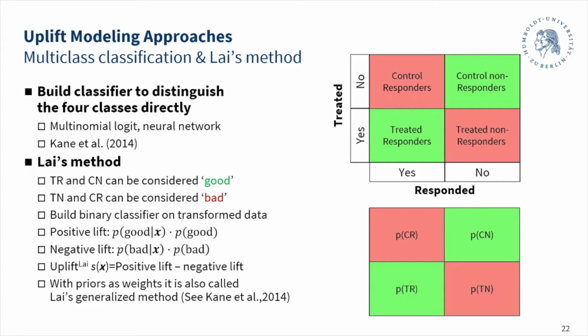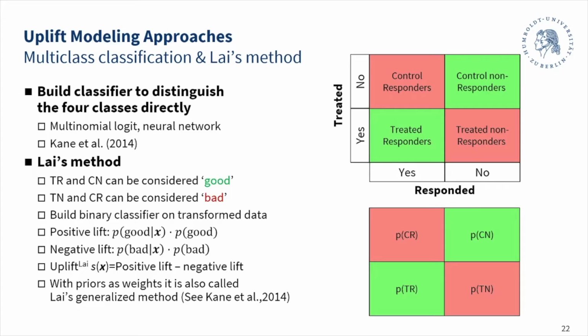And given this matrix of treated people and people who responded or not, he was arguing then, well, if a customer was treated and buys, that's actually something good. It's an indication that the treatment worked. If a customer was not treated and refused to buy, actually this is also something good.